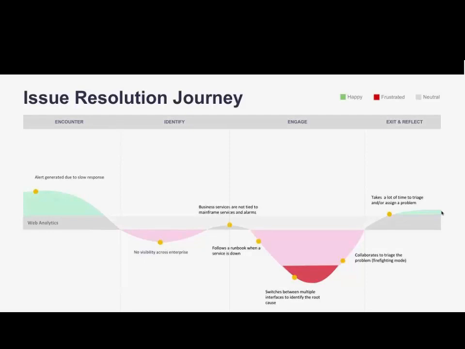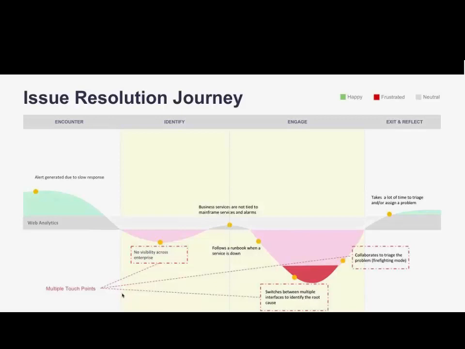When we analyzed this entire journey, we found there are two interesting phases, identify and engage, where we are going to put our focus, because this is the most painful area. Even there, we figured out only a couple of areas, not all.